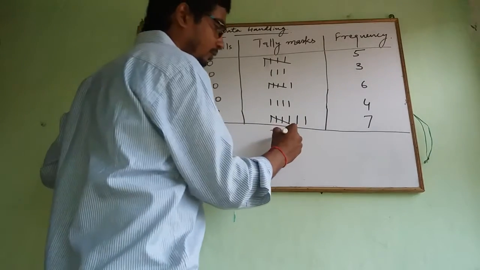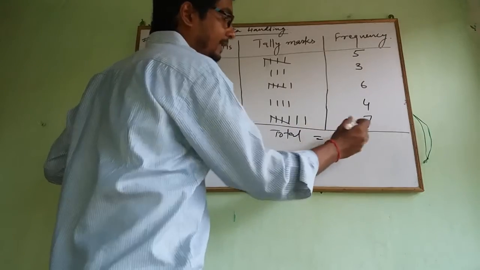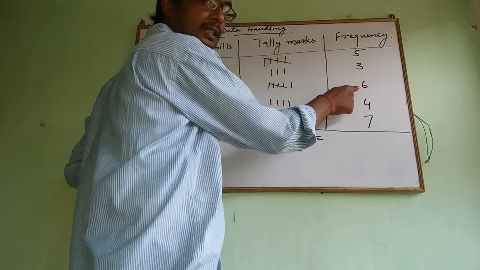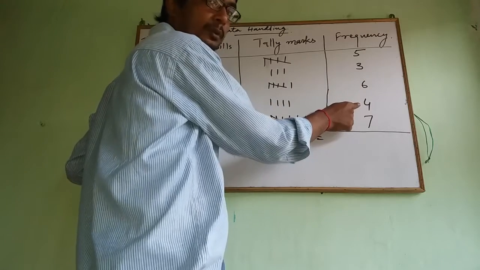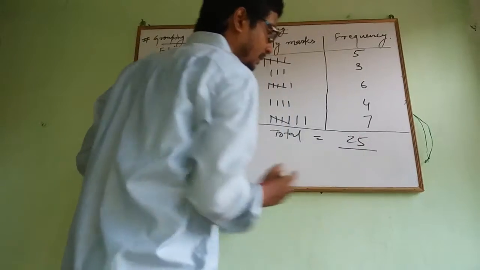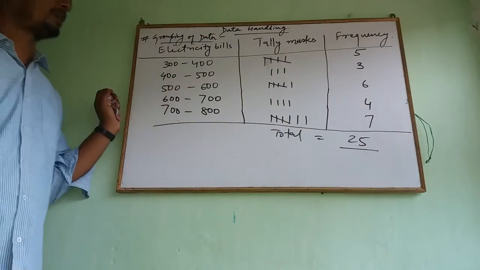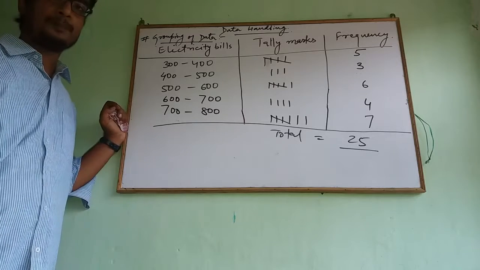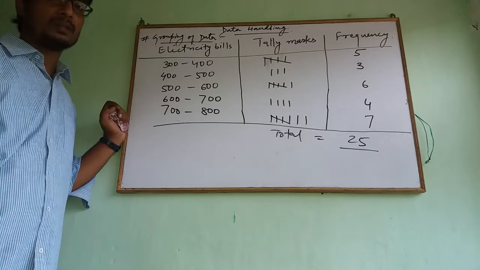So you will write total, and that is equal to how much? 5 plus 3 is 8, 8 plus 6 is 14, 14 plus 4 becomes 18, and 18 plus 7 becomes 25. So this is my frequency distribution table. By grouping of data we have done it. I hope that you have understood this concept.